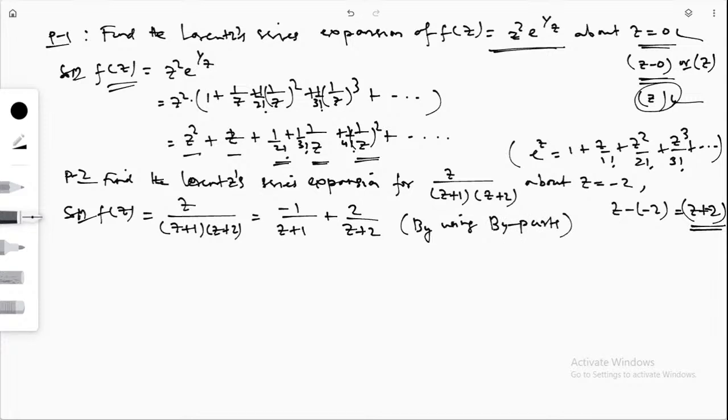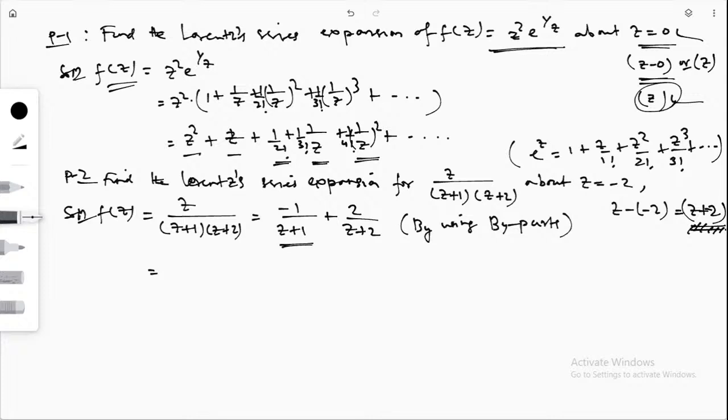So this is your task, you will do it. If you are getting this, after making this partial fractions, I have to get z plus 2, because I have to make all these things a power series, or as a power of z plus 2. So how will I get z plus 2?